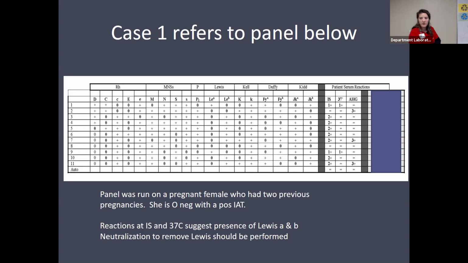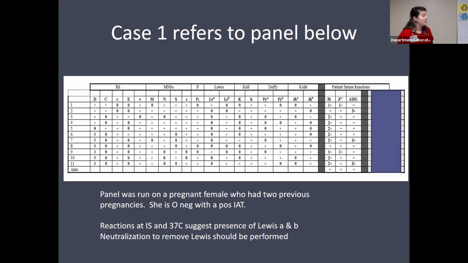It could be P1, but notice your initial spin reaction, P1 would be negative with panel cell 1. It would also be positive. Where did I see that at? 2, yeah. Notice that P1 is on panel cell 2, and we have a negative reaction at initial spin there. All right, so it doesn't really match our pattern of reactivity.